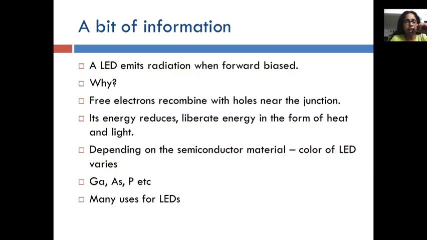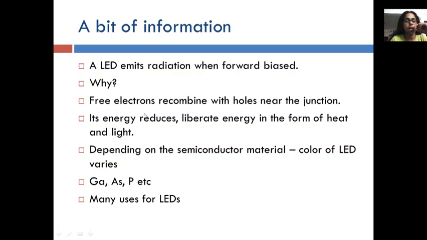An LED, light emitting diode, emits radiation when it is in forward biased condition. It's a diode which emits radiation when it is in forward biased state. Why is it so?